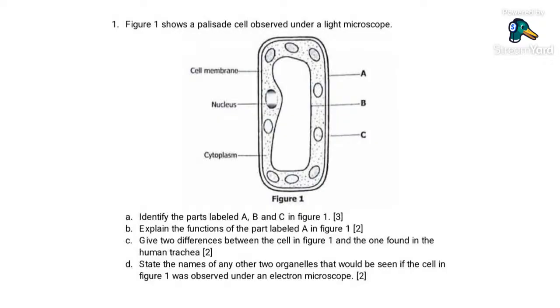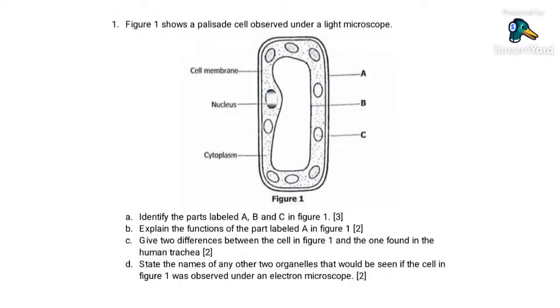Okay, we've got an answer. A, cell wall. Okay, A is the cell wall. What is B? B is the vacuole.